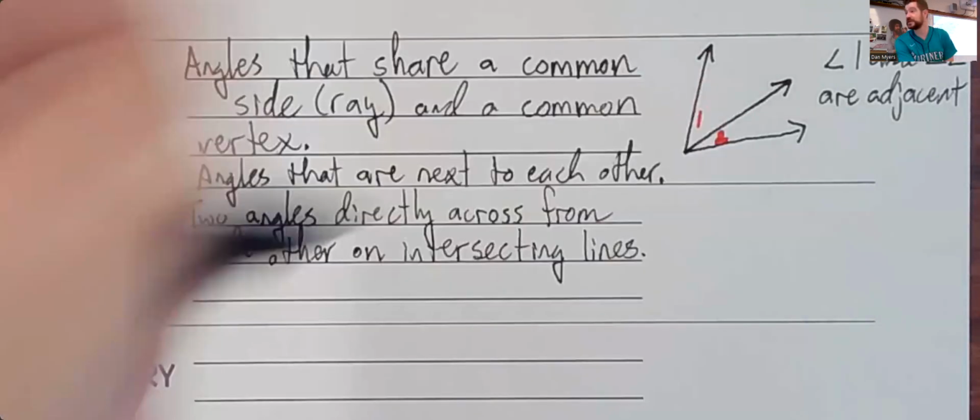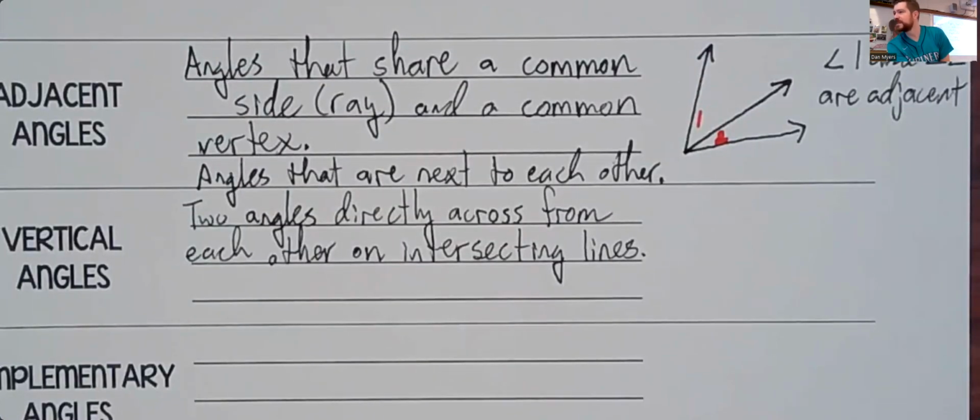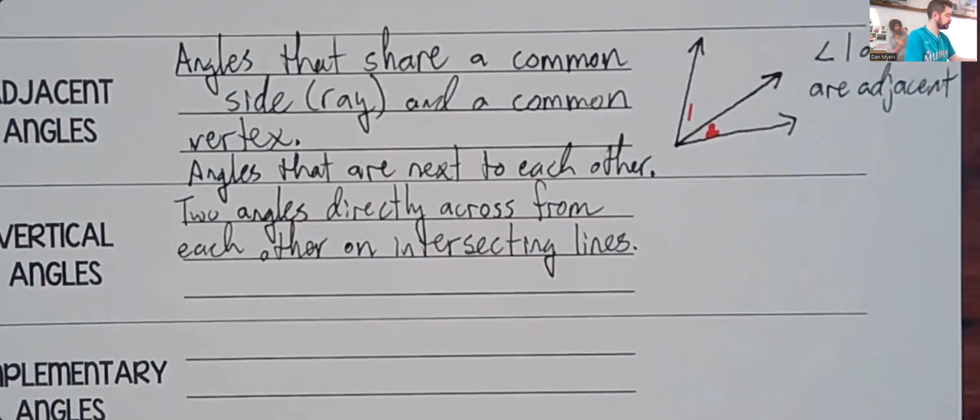That's an important part of this as well. So there are 2 angles directly across from each other on intersecting lines. We'll get a diagram of that going in just a second.